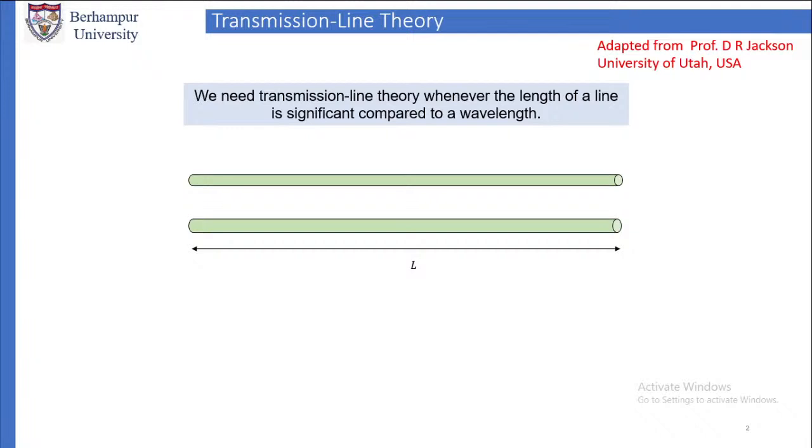That is what we want to understand. So when will that be required? When the length of the transmission line is significant compared to a wavelength. So it can be expressed in terms of wavelength.